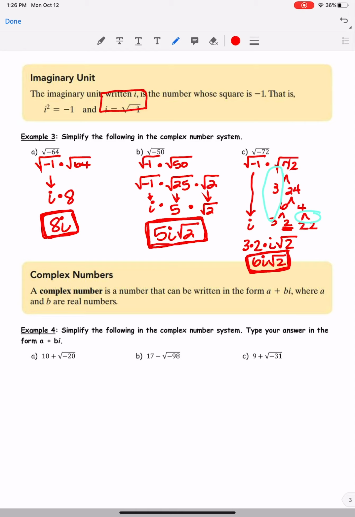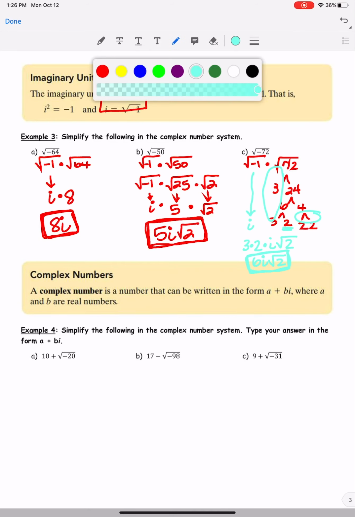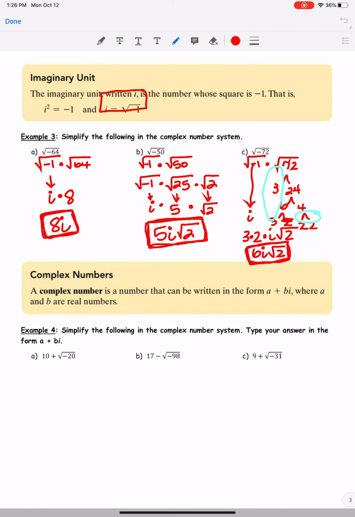Now if you like that other method, you could have called the square root of 72 the square root of 36 times the square root of 2. The square root of 36 gives you the 6.